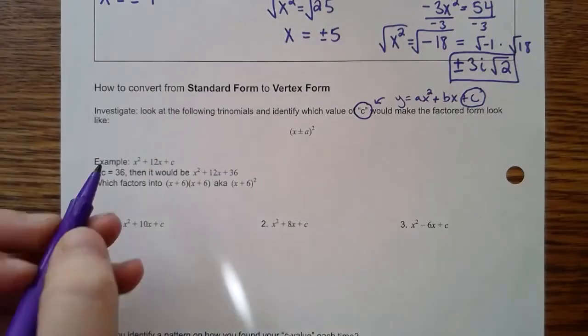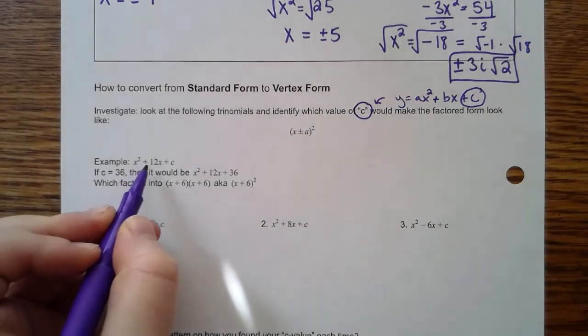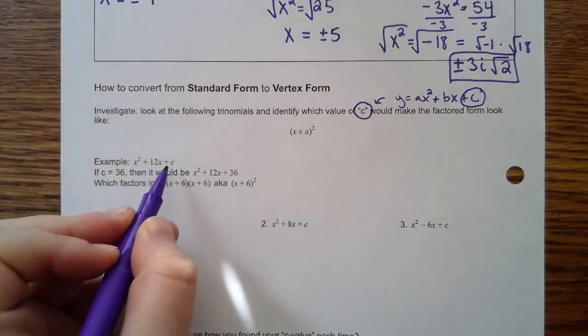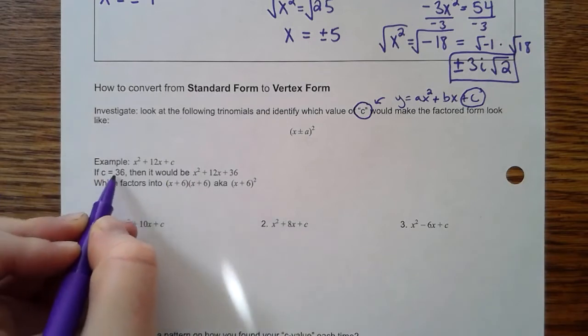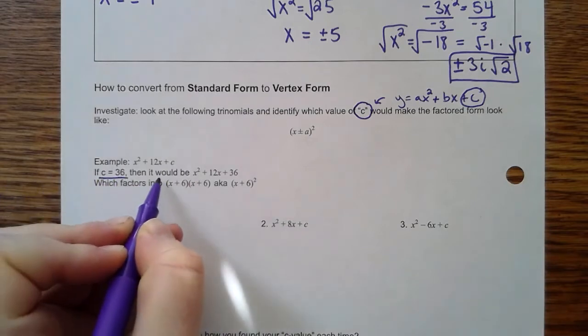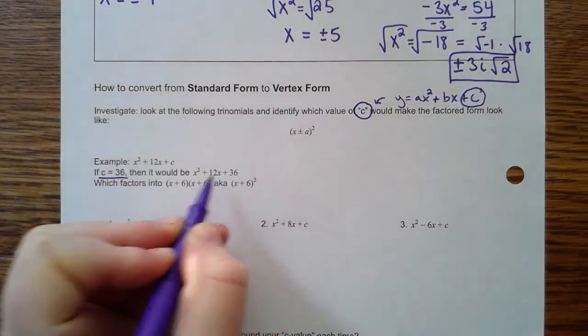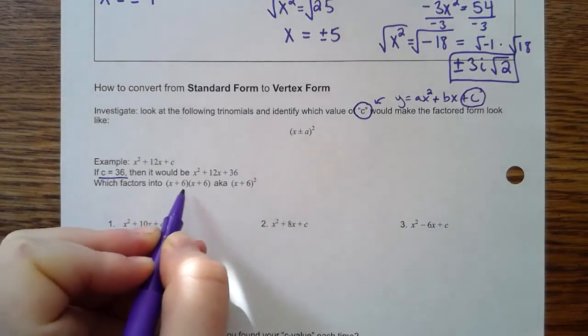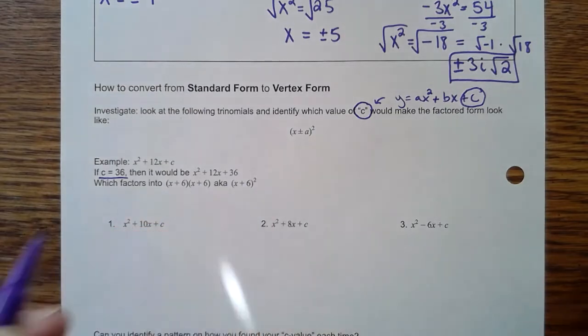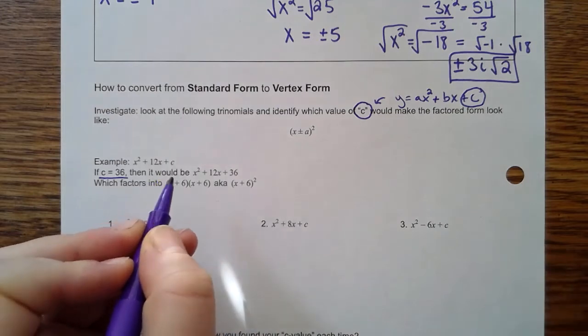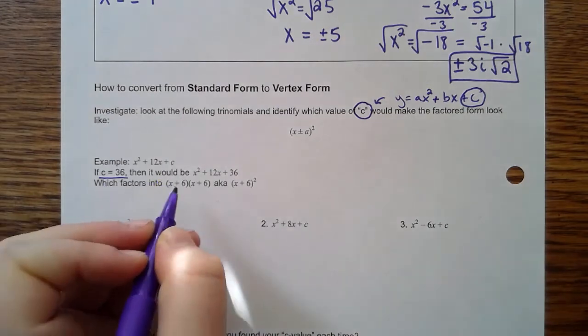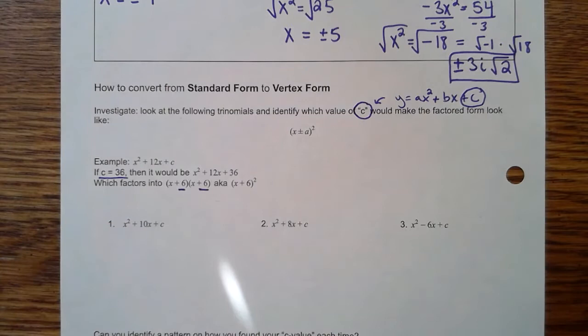Cool. So here's an example. If I had x squared plus 12x plus c, if c was 36, then it would be plus 36, which would factor into x plus 6, x plus 6. So basically, we are looking for matching values right here.